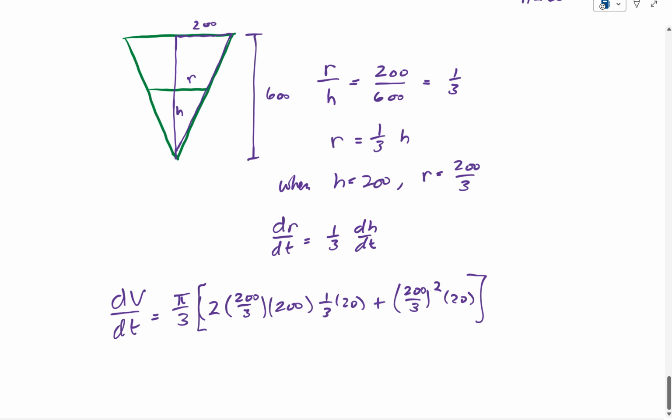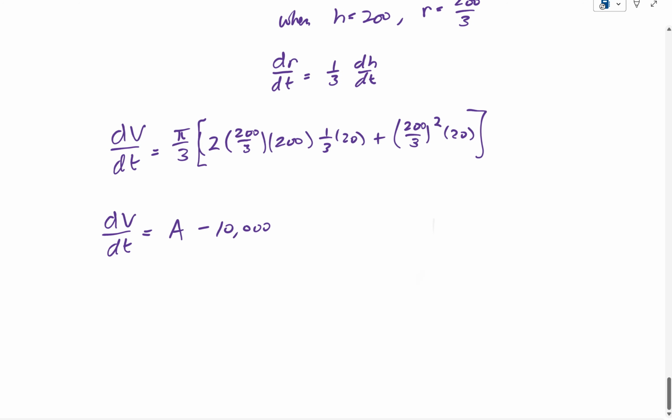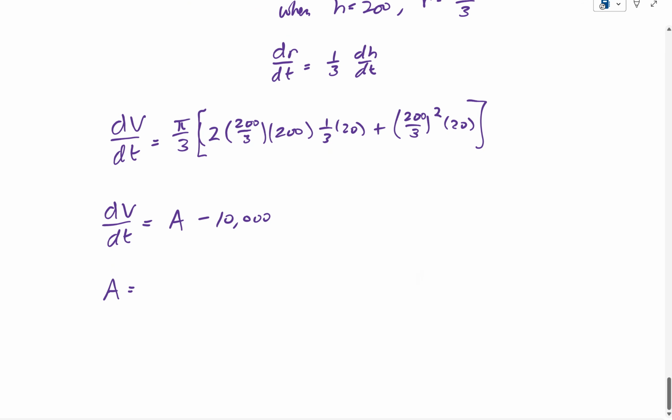And so now all I do is I go back up to the other version, which I said was dv dt is a minus 10,000, and I solve this for a. So a is equal to dv dt plus 10,000, which is this mess that we just found here.